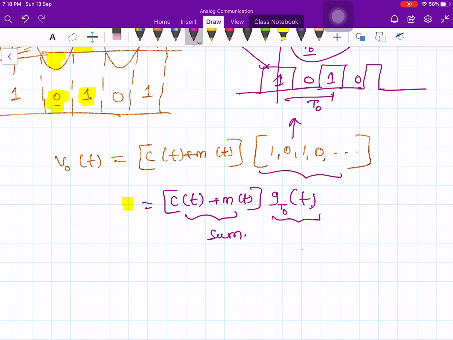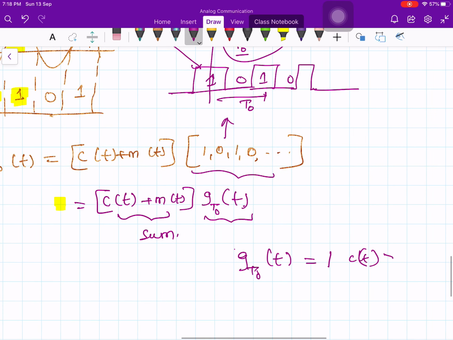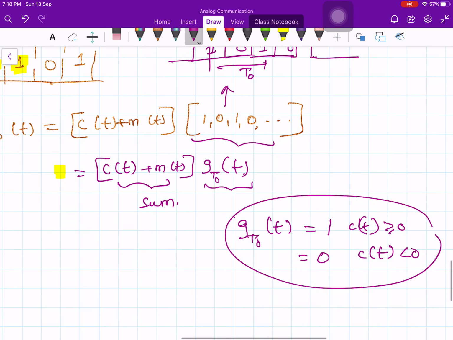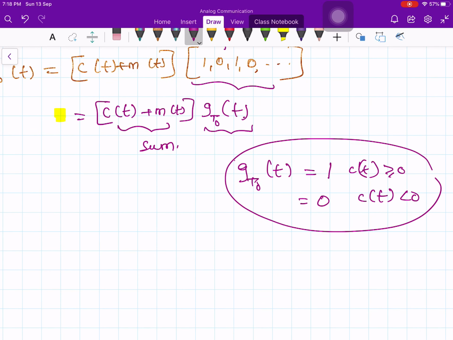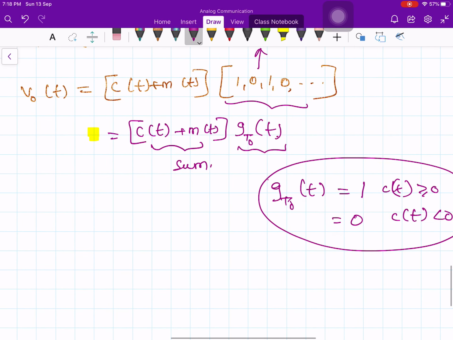So g_T0(t) is equal to 1 during the positive half cycle, if c(t) is greater than 0, and g_T0(t) is equal to 0 if c(t) is less than 0. It is 1, again 0, again 1, again 0, it keeps on alternating. So this is the function by which you are multiplying the input voltage c(t) plus m(t).